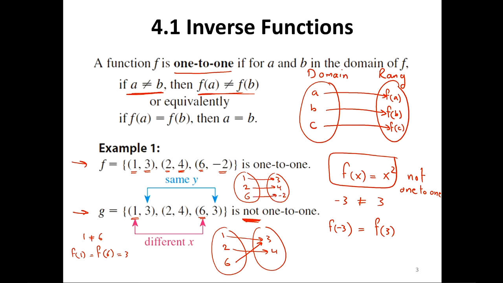So this is one-to-one. Okay, how can we verify whether a function is one-to-one or not? Look at this. If f(A) equals f(B), we must show that A and B are equal. This is how we check if f of x is one-to-one or not.